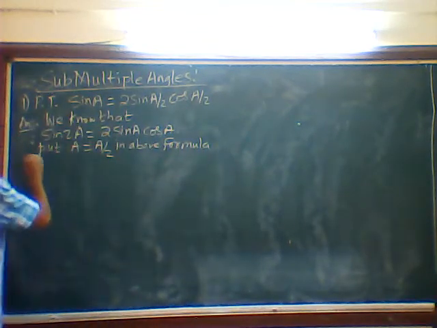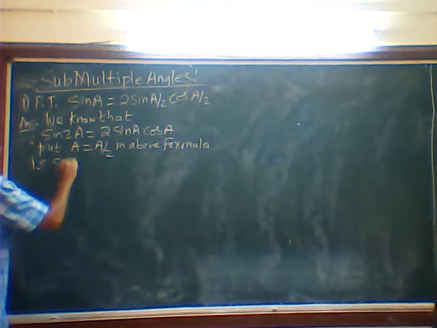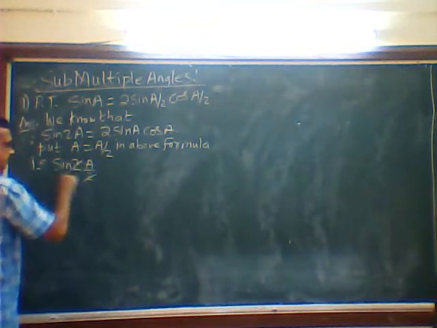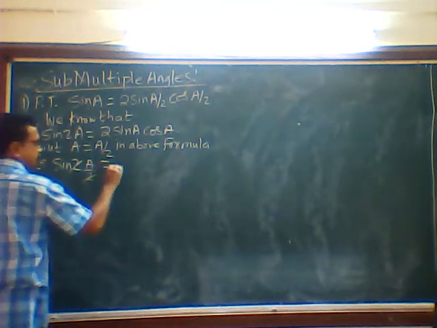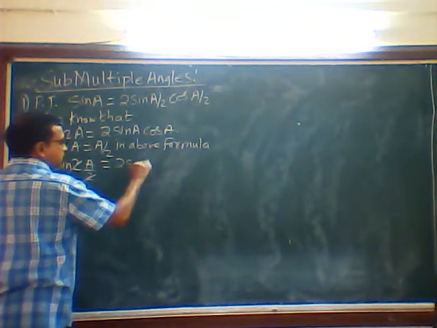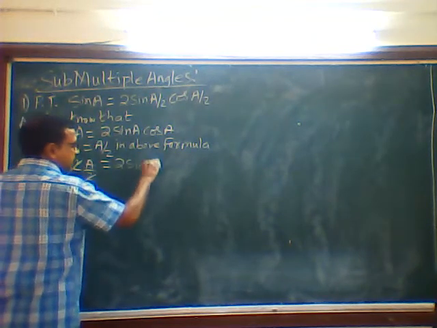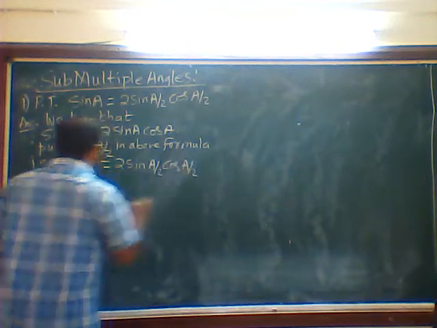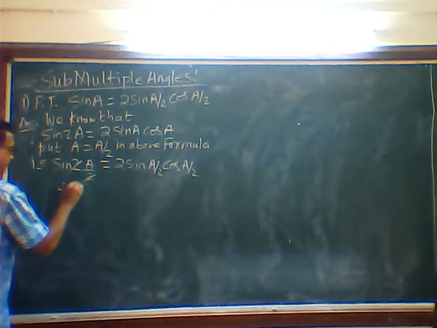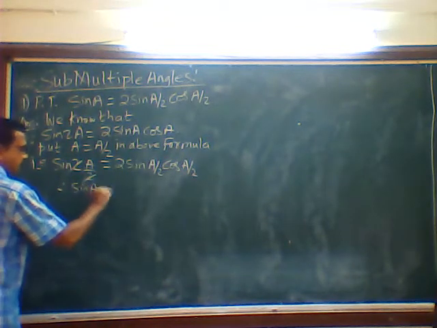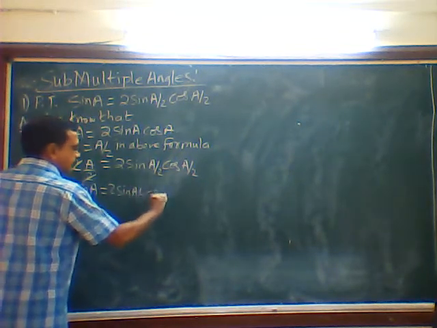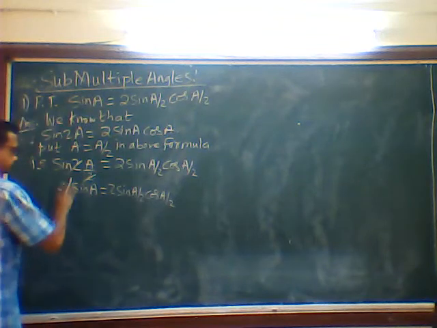Sin 2 into A by 2, the 2 cancels, we are getting sin A. Here 2 sin of A by 2, cos of A by 2. So 2 is cancelling here. Therefore, sin A is 2 sin A by 2 into cos A by 2.